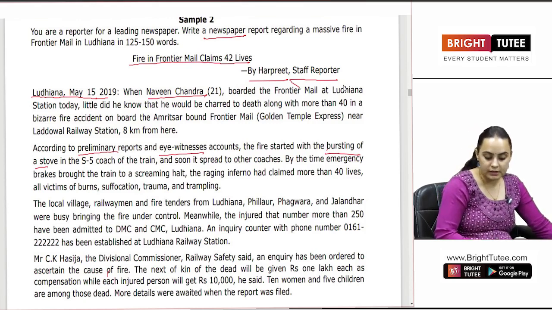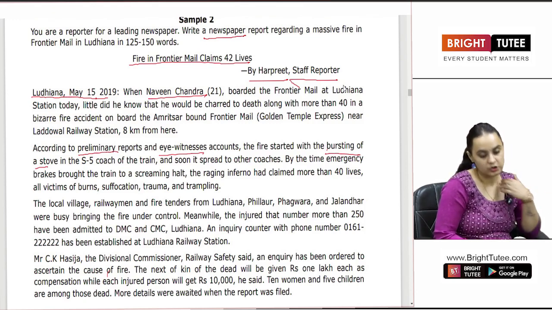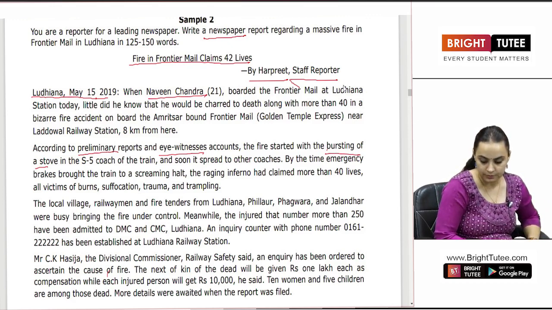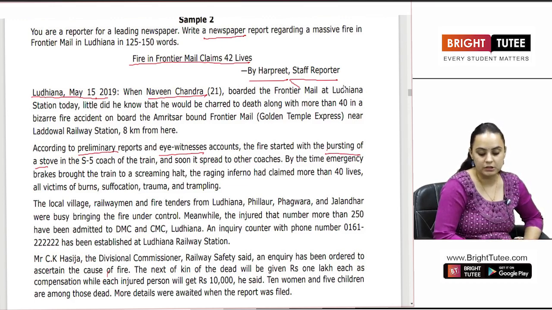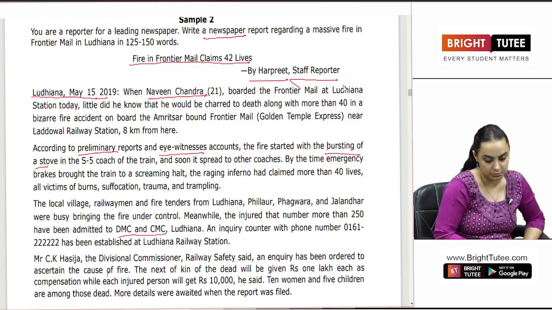The local village, railwaymen and fire tenders from Ludhiana, Philor, Fagwada and Jalandhar were busy bringing the fire under control. Meanwhile, the injured that number more than 250 have been admitted to DMC and CMC Ludhiana. So, these are the names of the hospitals where they have been admitted.